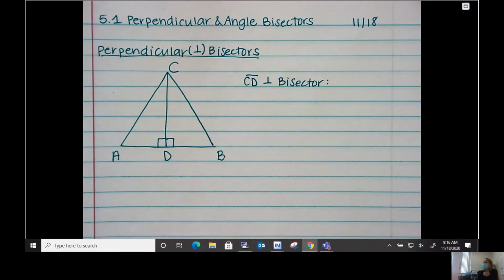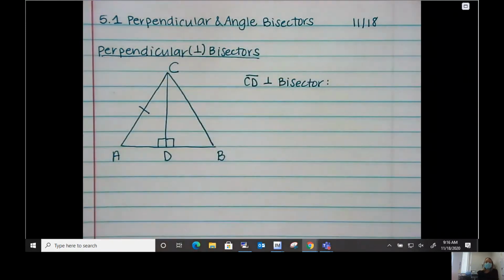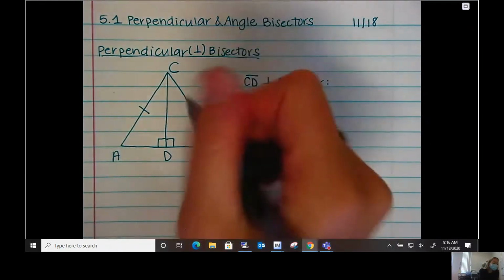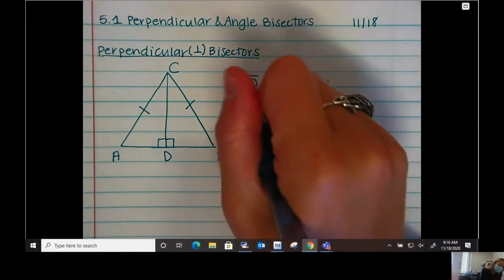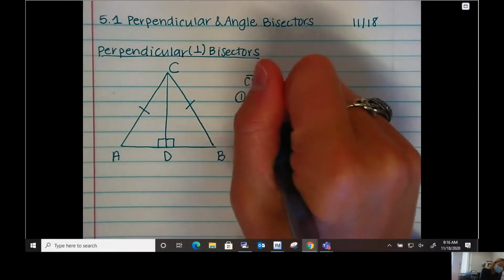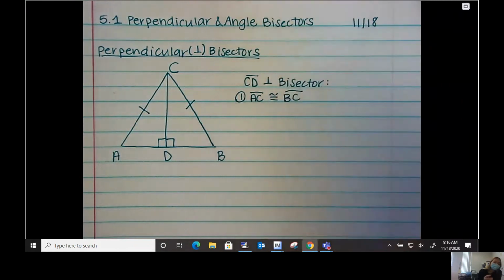You have some segments that are exactly the same. So which piece matches up with side AC? I flipped it over to the other side. BC, very good. These two sides would be exactly the same. So side AC would be congruent to side BC.